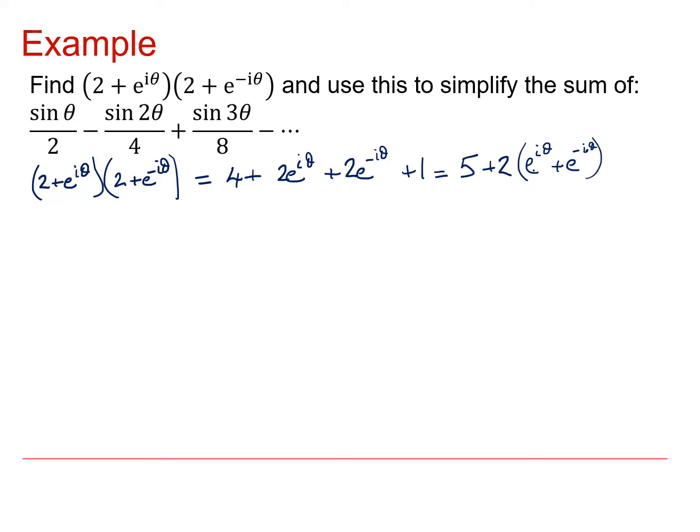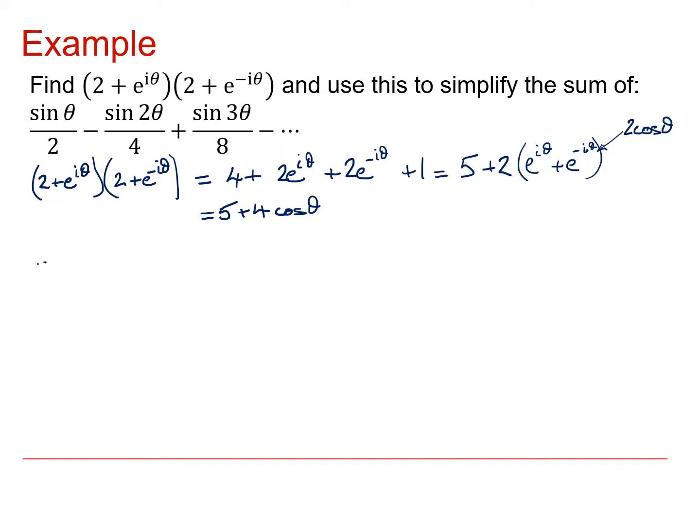Now, in a previous video, we've seen that this is just 2 cos theta. And so I can straight away rewrite this as 5 plus 4 cos theta.